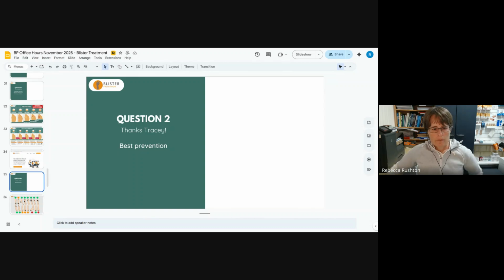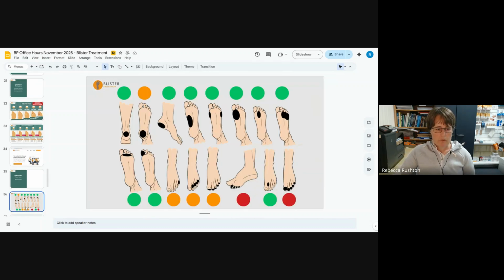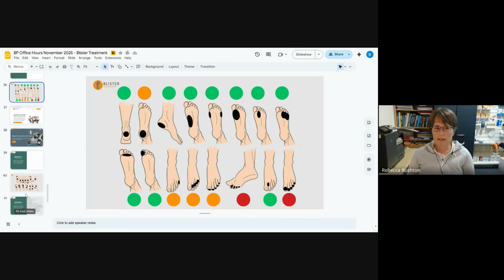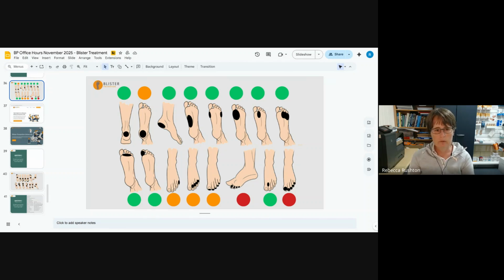Question 2 from Tracy, what's the best prevention? As I said, Tracy, it really depends on the anatomical location. It's a question I just can't answer unless you say, what's the best blister prevention for X anatomical location? For example, last month it was a presentation all about Engo patches, and this was a slide from that presentation.